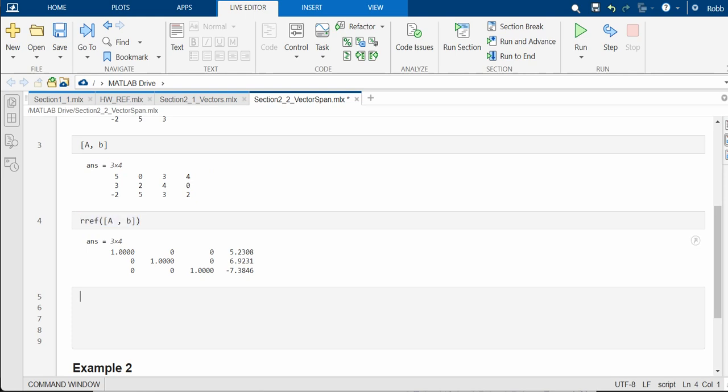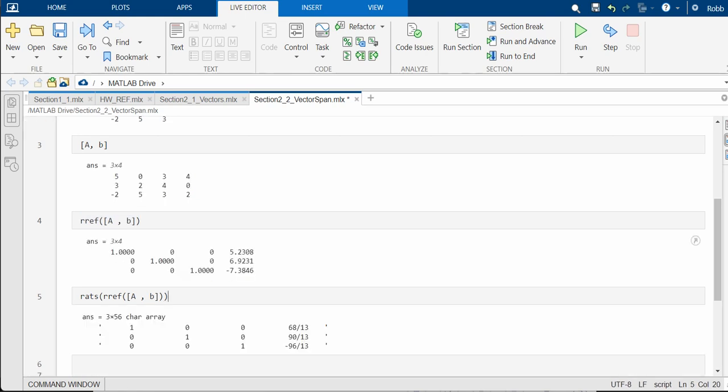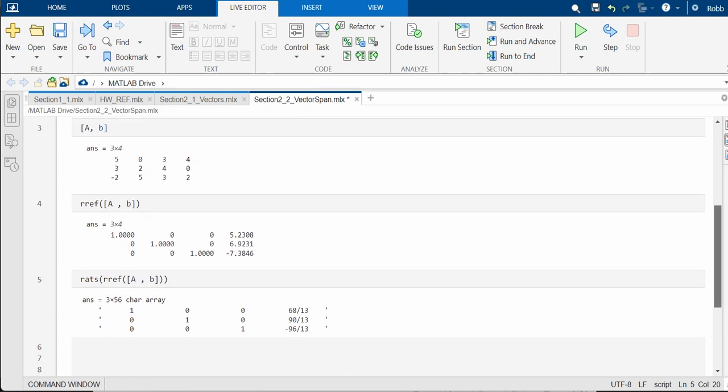Let's do RATS of RREF AB. So all we're doing is wrapping the RREF of A comma B into the RATS function. Okay, so RATS is going on the outside. RATS is going to rationalize the output. And here we go.